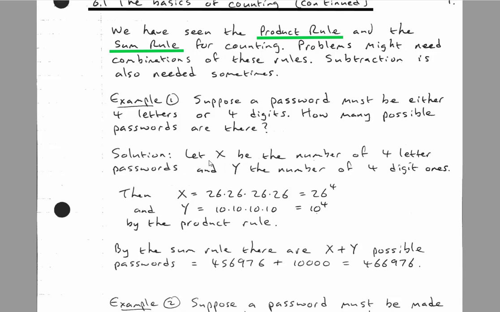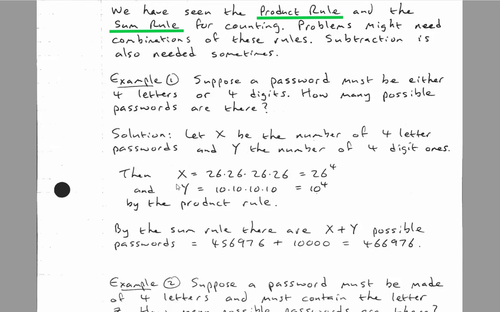A solution: let x be the number of 4-letter passwords, and let y be the number of 4-digit passwords. Well, we can figure out x using the product rule.